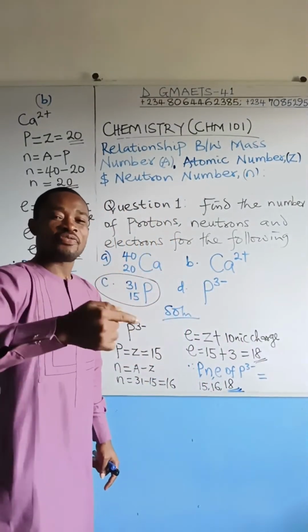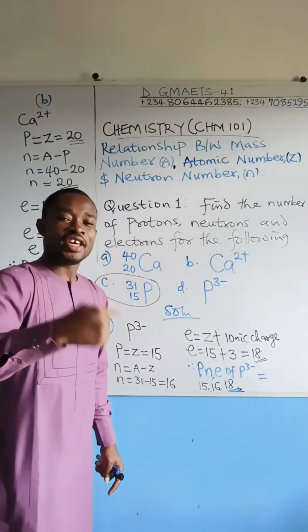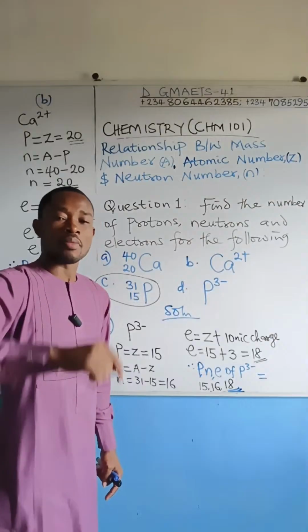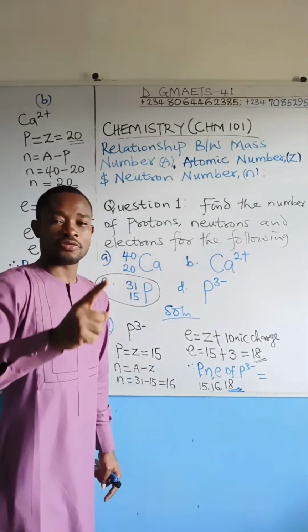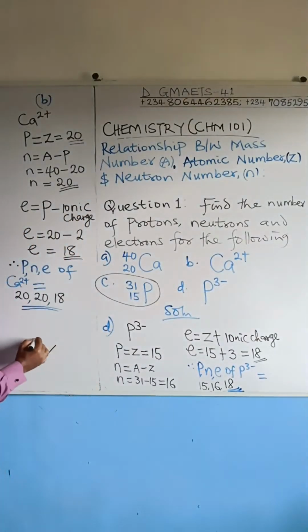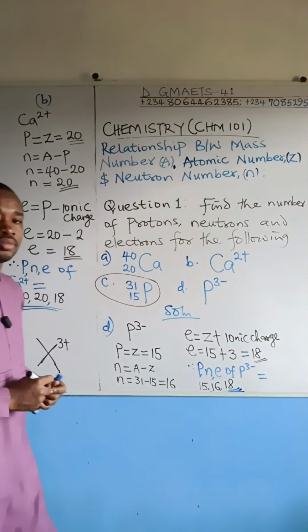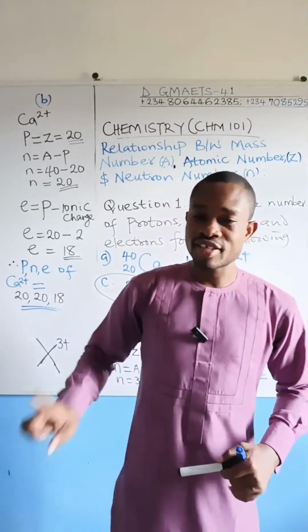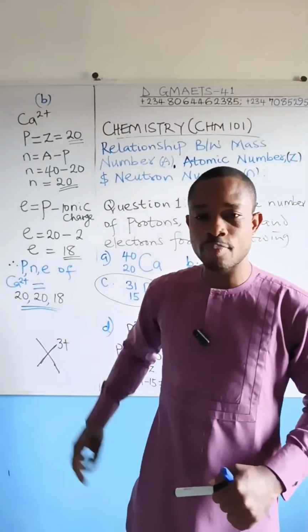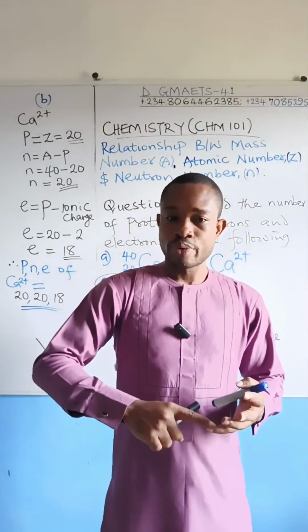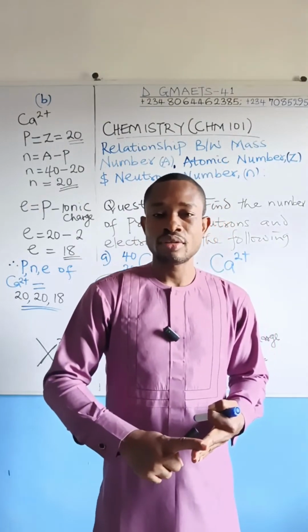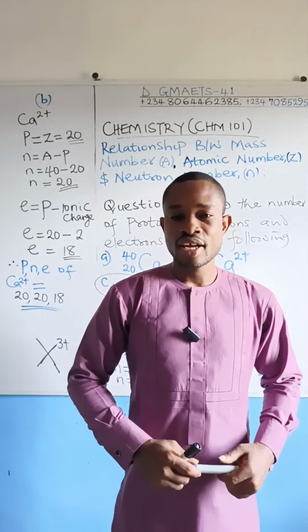If the ionic form of X in question 1 above is X3 plus, find the proton, neutron, and electron number of the ion.